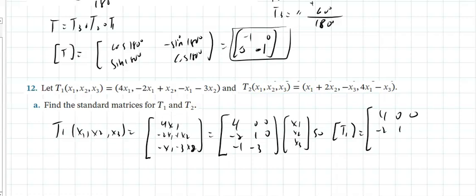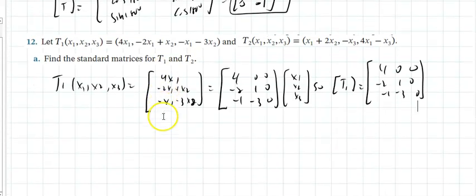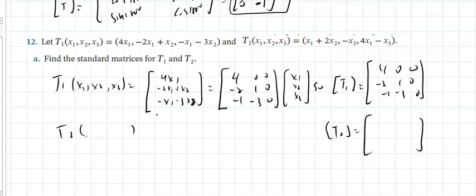So I could say T sub 1 is simply that matrix. Now, of course, I don't need to write all of this. I could figure this out quickly. For example, for T sub 2, if I really want to figure out the outcome, look at T sub 2: 1, 2, 0, 0, 0, negative 1, 4, 0, negative 1.